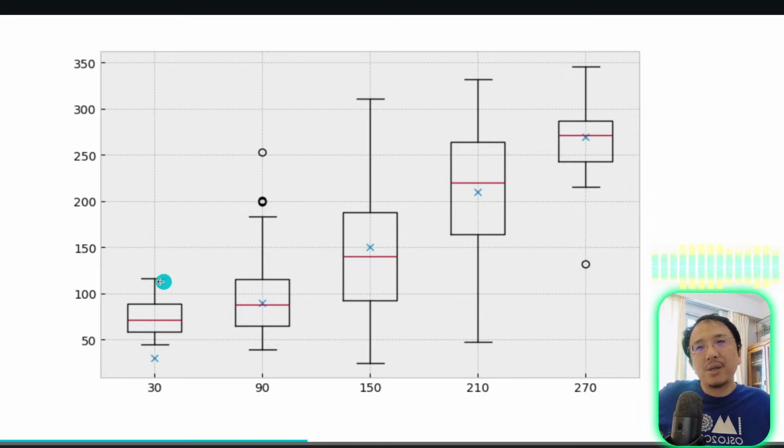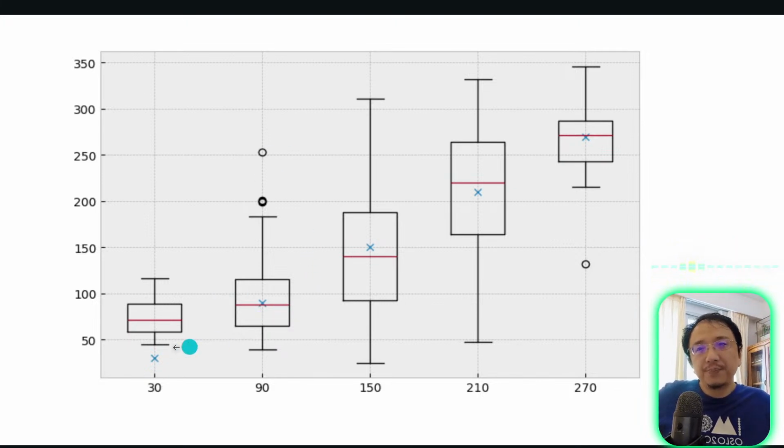Also, if the prediction is 30, in most cases it's probably under 100. But in some cases, at least for our testing data, it is at most like 120. So we can use this plot to make sure what happens.